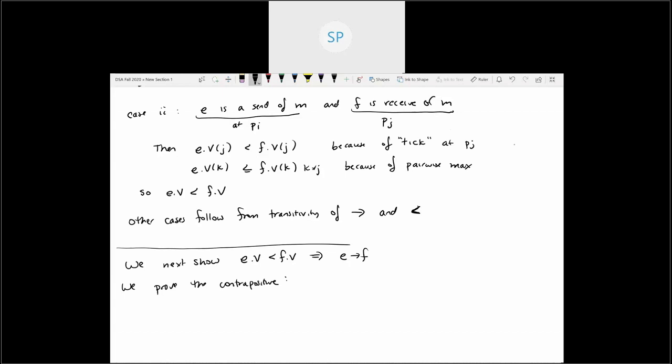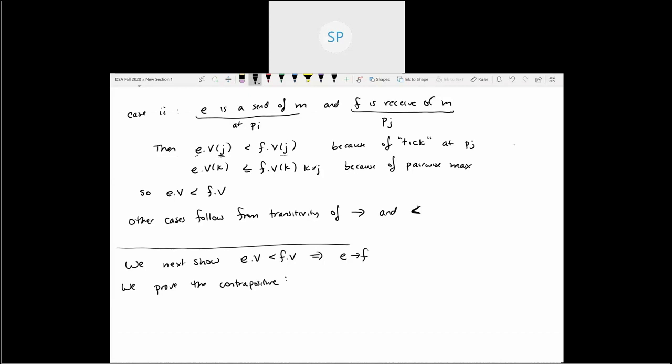So I guess another way to think about it is that if you remember, the jth component of a timestamp at Pi is how many events Pi knows about that happened on Pj. So when E was created, whatever was in this component j, that's how much Pi knew about Pj at the time.